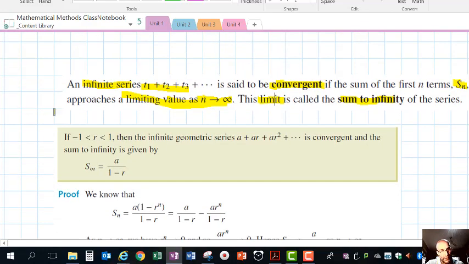And we're dealing with cases here where r is a fractional or decimal value between 0 and 1, or between -1 and 0. So in other words, putting all that together, from -1 up to 1 exclusive. Your common ratio cannot be 1 or over, and it cannot be -1 or under.